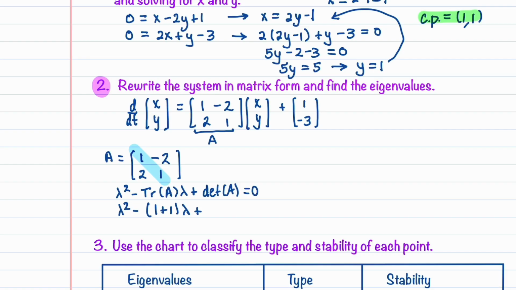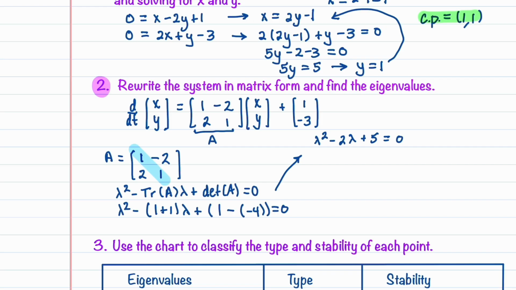And then our determinant is the main diagonal entries multiplied, so that's 1, subtract off the off-diagonal entries multiplied, that's minus 4. That's equal to 0. This gives us lambda squared minus 2 lambda plus 5 is equal to 0.